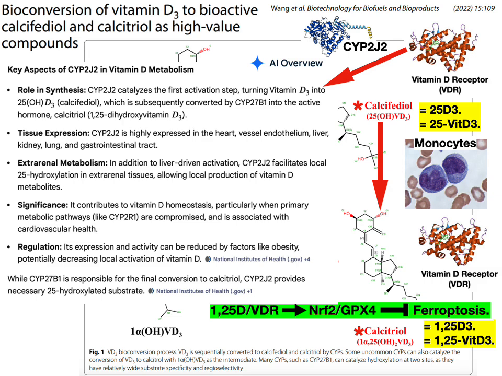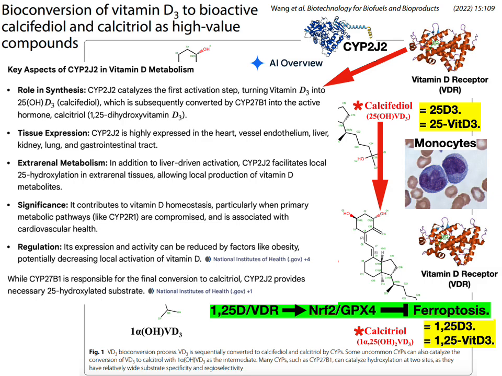Hydroxylation at the 25 carbon position creates calcifediol, 25-hydroxyvitamin D3. This is an active hormone. It's about 1,000 times more concentrated in the serum than calcitriol, the kidney metabolite of vitamin D3, 1,25-dihydroxyvitamin D3. Sidebar comment. Obesity is a major risk factor for COVID severity and mortality.